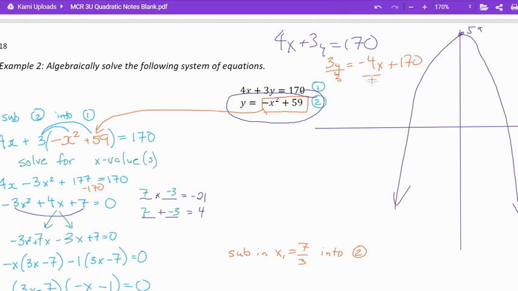Divide by 3. 170 divided by 3 is approximately 180 divided by 3, 60. Is that right? I think I need to know the specifics. 170 divided by 3, 57. Okay, so that means the y-intercept of this line is 57.